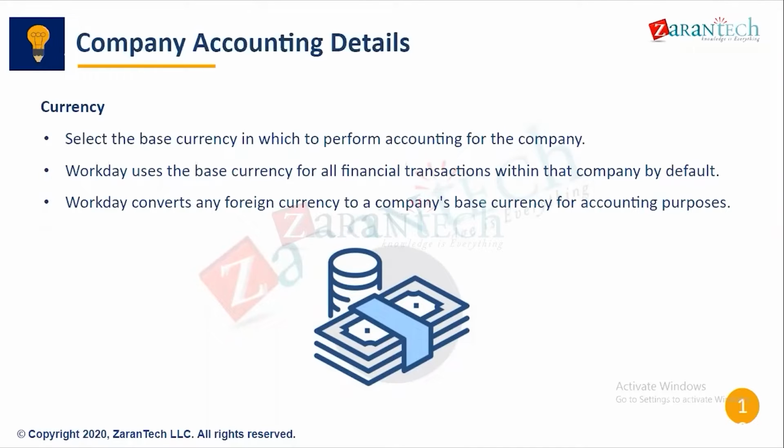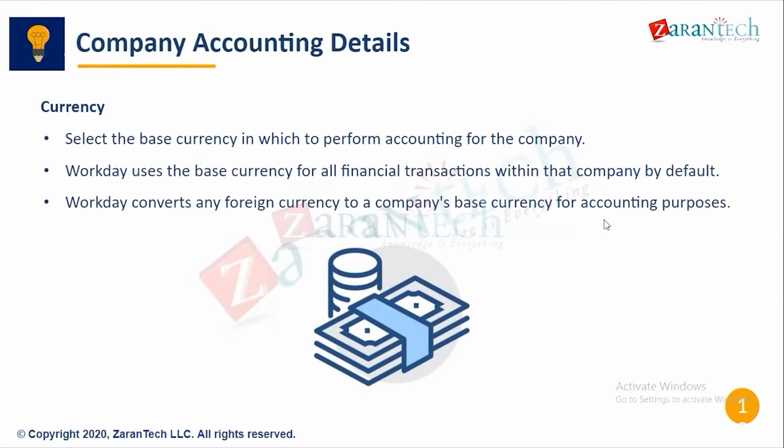If the company requires a transaction other than in the base currency, that currency is called a foreign currency, and it should be enabled so that you can perform the transaction without any challenge or issue. So the currency should be defined in the system, and it should be enabled. Workday converts any foreign currency to the company's base currency for accounting purposes. We will discuss how to convert this currency.